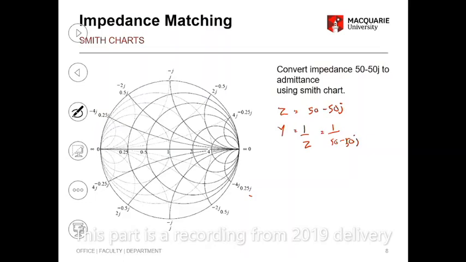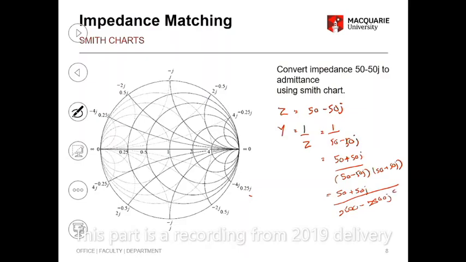Which means, you can actually multiply both sides by 50 plus 50J to get rid of it. It's called the conjugate. So you multiply it by the conjugate. So you get 50 plus 50J, divided by 2500 minus 2500J squared.